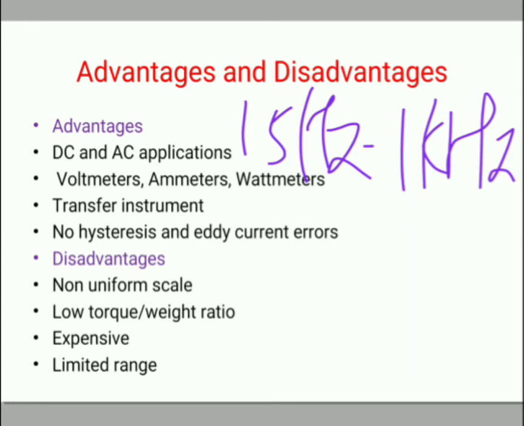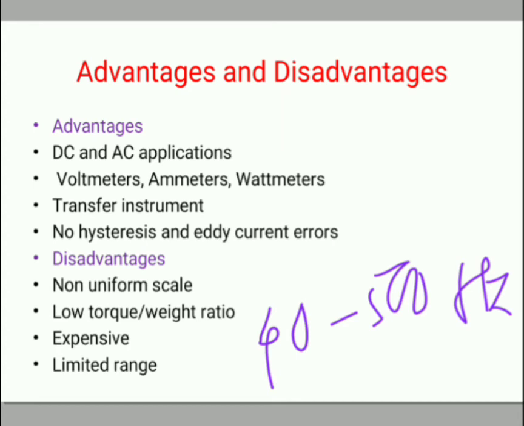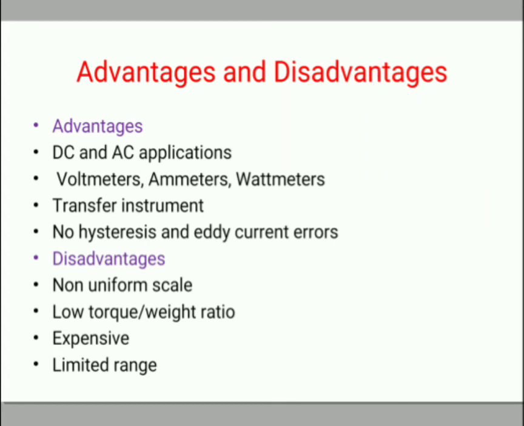The precision grade accuracies can be obtained in the range of 40 to 500 Hz, and the instruments incorporating an astatic movement can be operated for frequencies up to 10 kHz. Dynamometer voltmeters are used invariably for applications which require accurate RMS voltages irrespective of the waveforms. So these are the advantages.